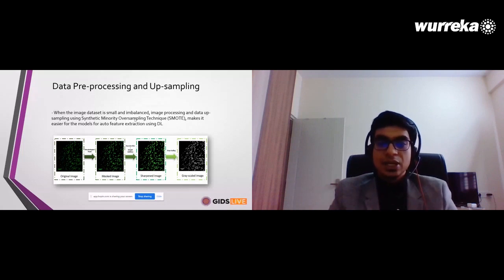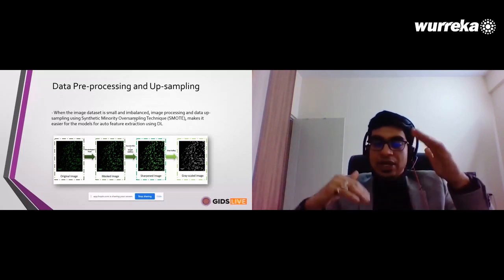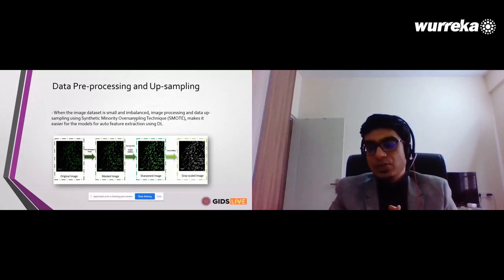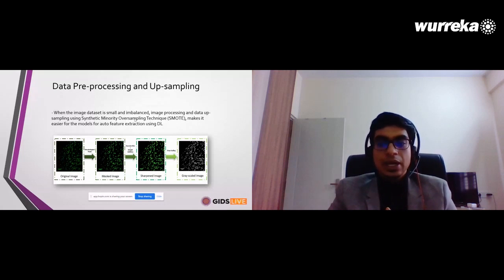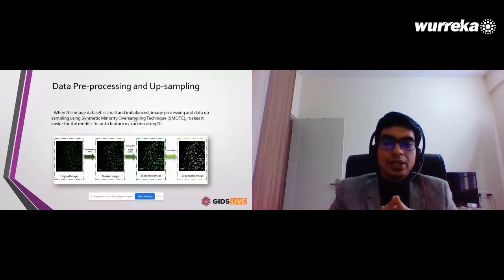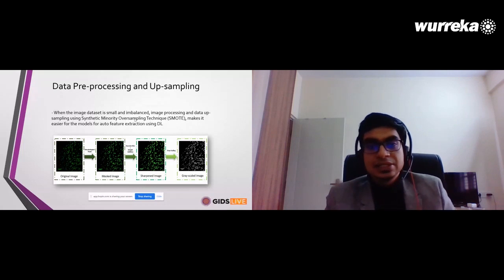Otherwise, if we simply copy paste the minority class into multiple versions, and then say that okay, our data set is balanced now, that is one approach that does not work that well. The main reason is that it adds additional bias to the data, and the final model does not perform that well. Okay, so that is why we went for SMOTE. And SMOTE is quite popular, by the way, especially with structured data, but we tried it with unstructured data and the results were actually quite good, and it did help us to solve the imbalanced class classification problem.